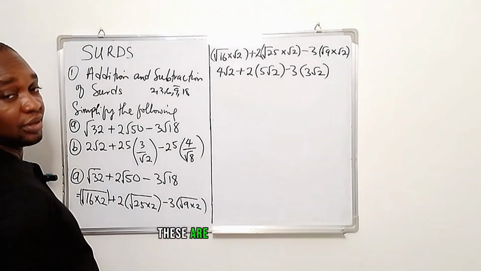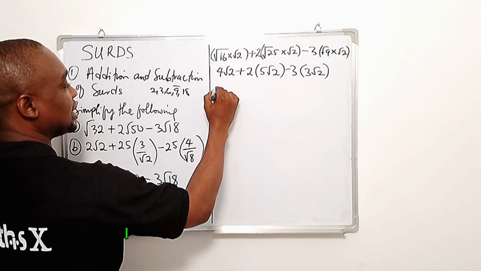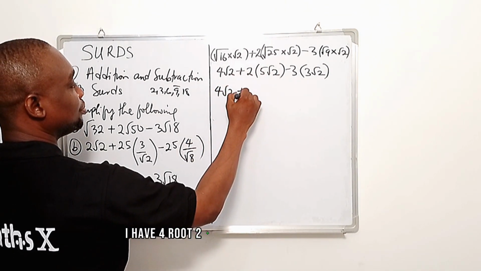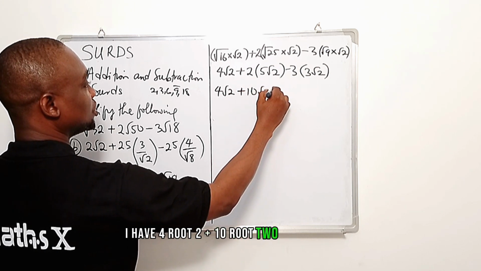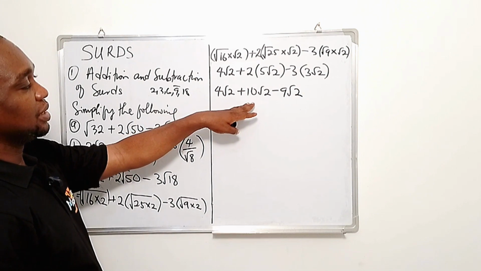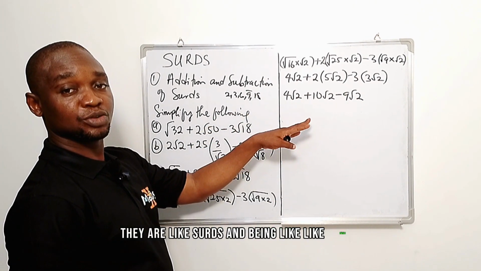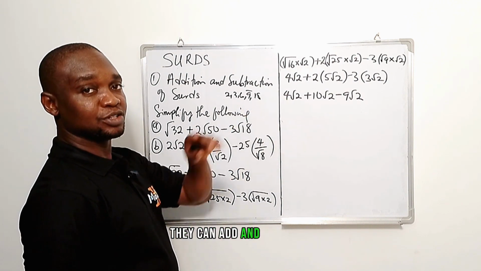These are mixed surds, mind you. So open that bracket. I have 4 root 2 plus 10 root 2 minus 9 root 2. As you can see, they are similar surds. They are like surds. And being like surds, they can add and subtract.